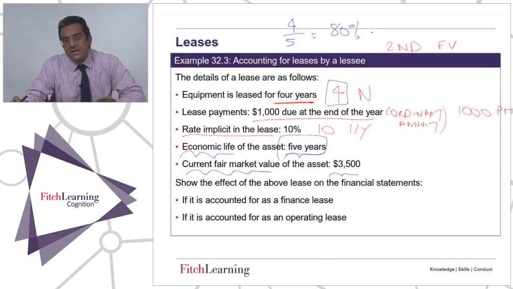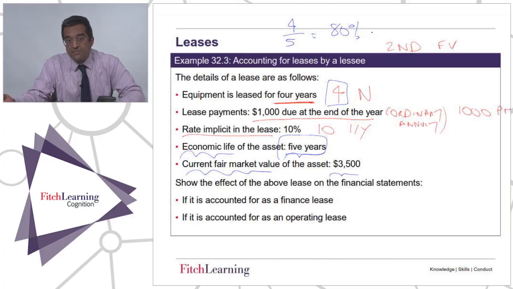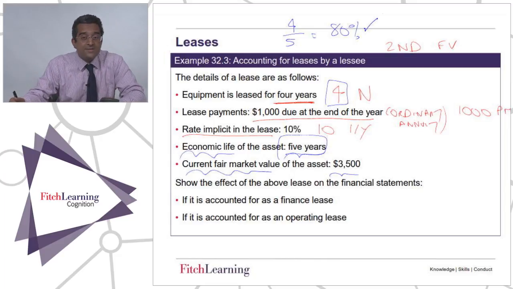So the lease term is 80% of the life of the asset. Is that significant? Yeah, of course it is, right? IFRS says it just has to be a major part of the life of the asset. It's definitely major. And US GAAP says it had to be at least 75% of the life, which it is. So whichever way you look at it, you're going to have to capitalize the lease based upon that information.